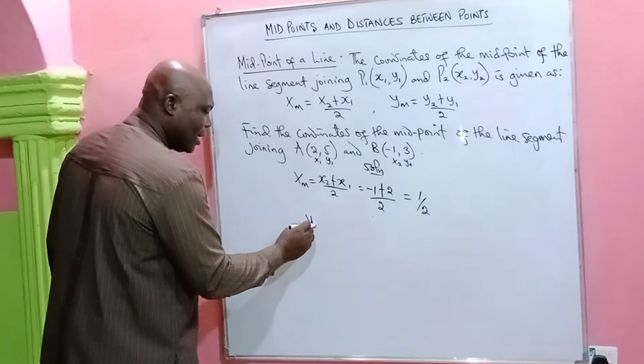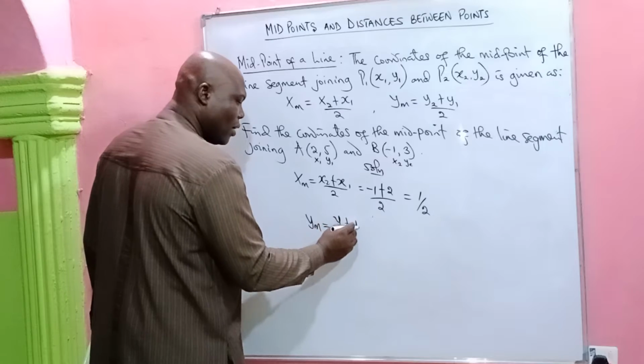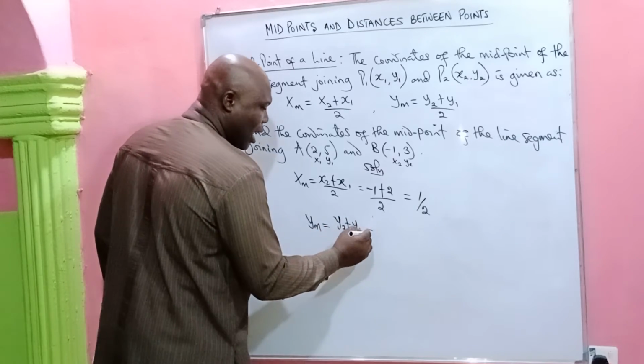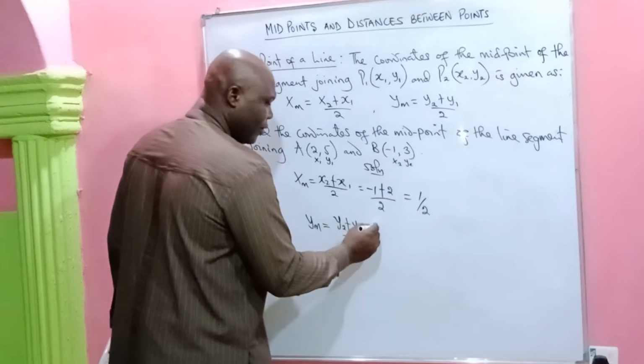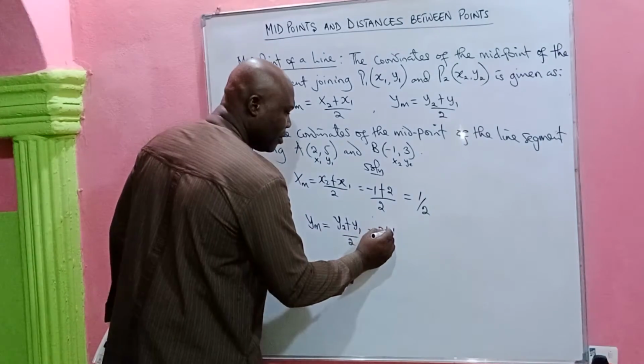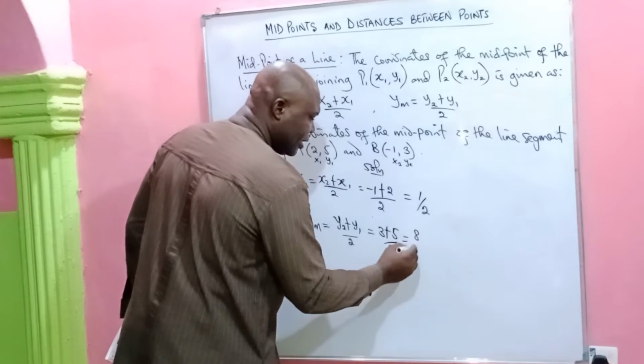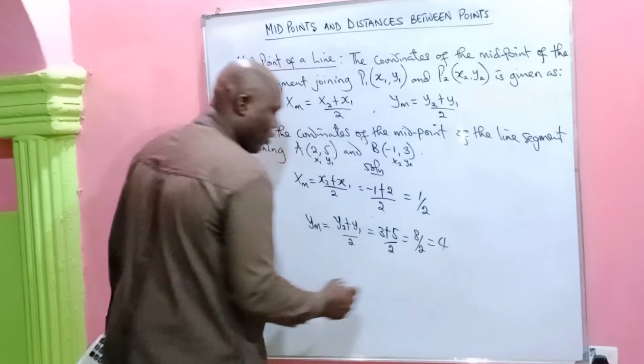So you need the y. Y of m will be y2 plus y1 divided by 2. And our y2 is 3 plus y1, 5, divided by 2. And of course, you're going to have 8 all over 2, which is 4.